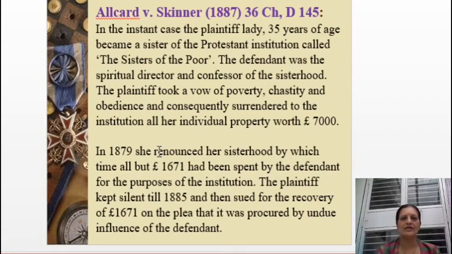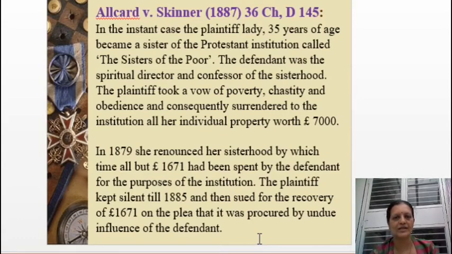The plaintiff took a vow of poverty, chastity, and obedience and consequently surrendered to the institution all her individual property worth 7,000 pounds. In 1879, she renounced her sisterhood, by which time all but 1671 pounds had been spent by the defendant for the purpose of the institution.